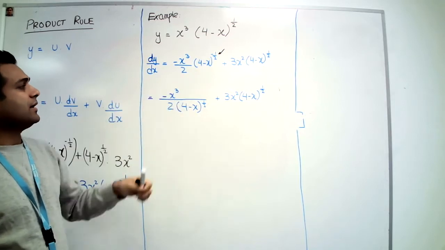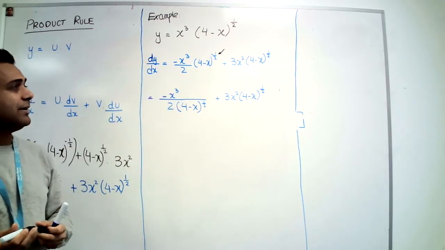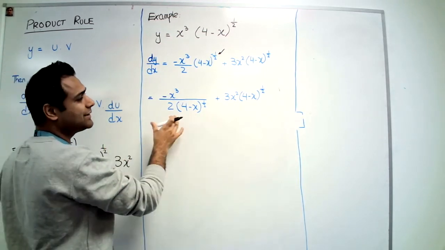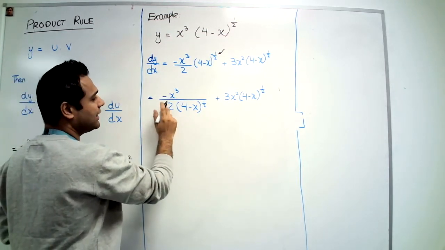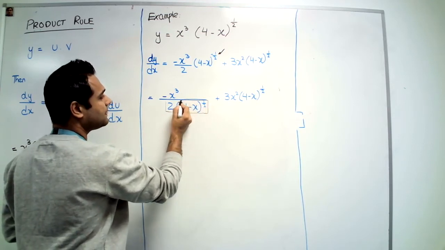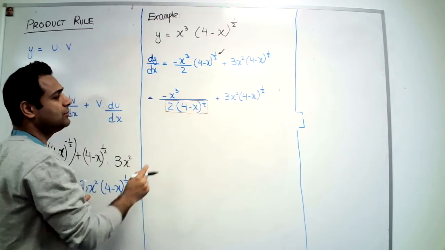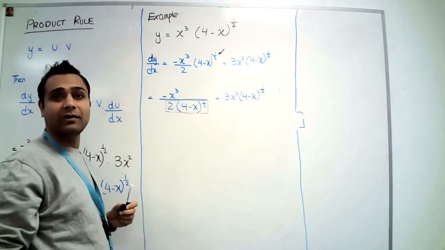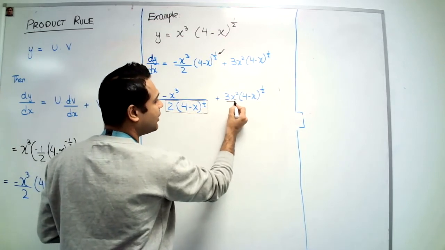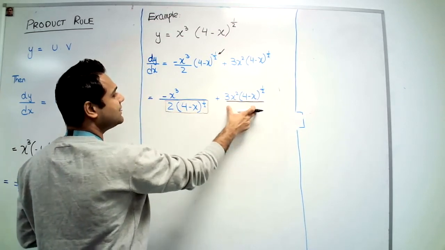Yeah. Now I want to actually make that into a single term. If you have a look, I want to make the denominator the same. So this bit is 2 bracket 4 minus x to the power half. On this side, the denominator is just a 1.